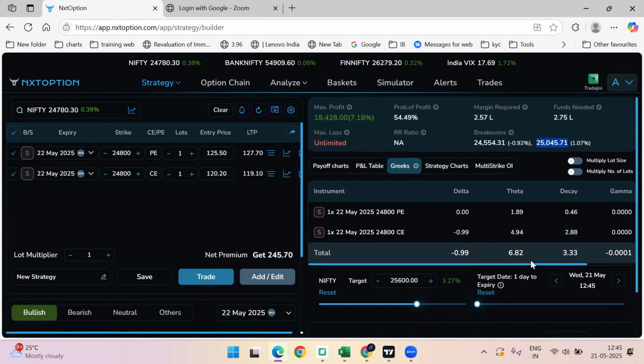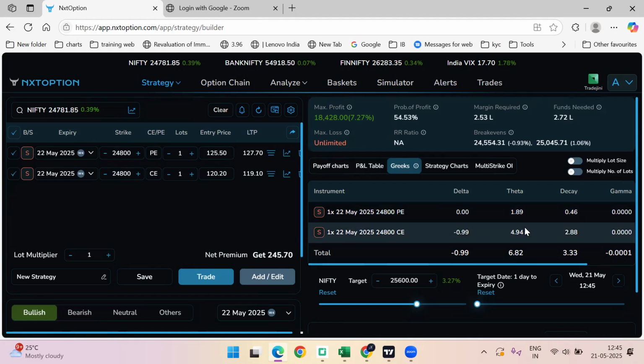But if the market doesn't move in either direction and remains at the same level, let's say 24,782, then due to the decay in time, with every passing day the option will lose some premium. So you can see that you would be gaining close to 6.82.